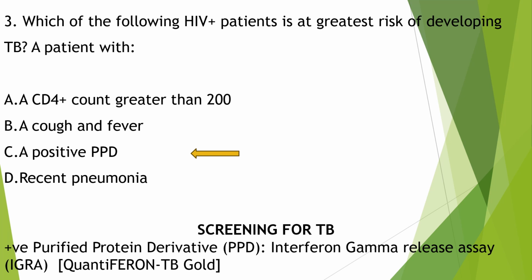If this patient has a history of a positive purified protein derivative, that is PPD, an interferon gamma release assay, IGRA, such as the blood test QuantiFERON TB Gold, can be used to screen for TB. A positive test always requires further evaluation for a current TB infection also.